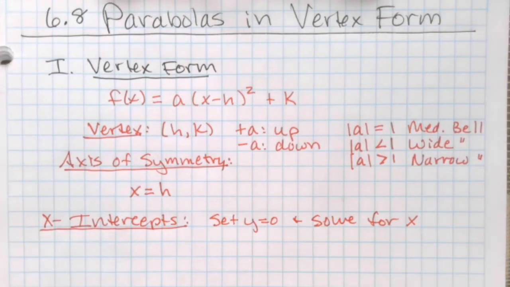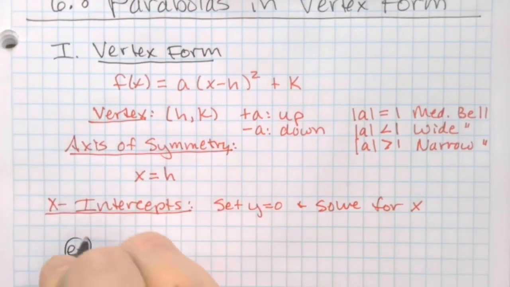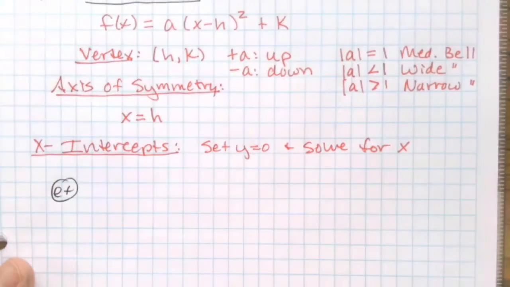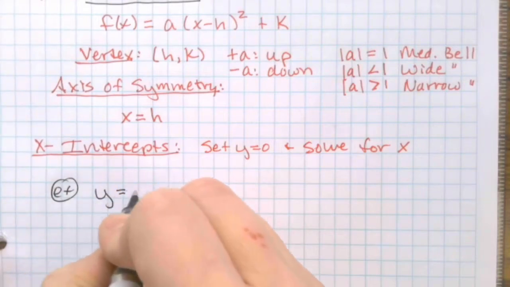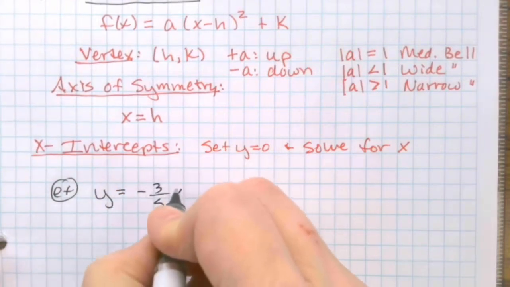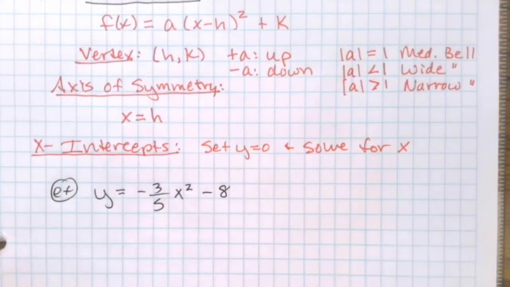Okay, so let's do an example. All right, here's an example of a parabola in standard form. We'll do an easy one first. Y equals negative 3/5 x squared minus 8.